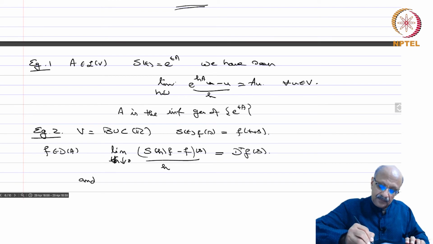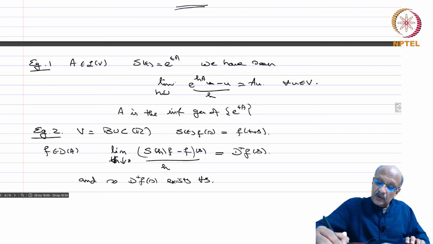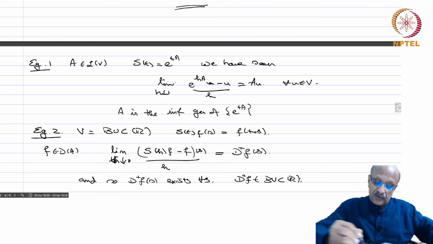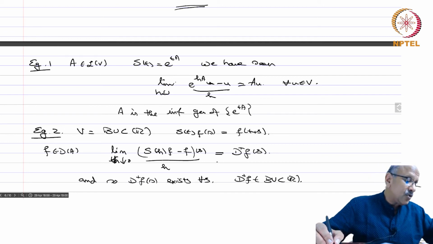So d plus of f of s exists for all s, and d plus of f belongs to BUC. It is a bounded uniformly continuous function because we know that the limit should exist.